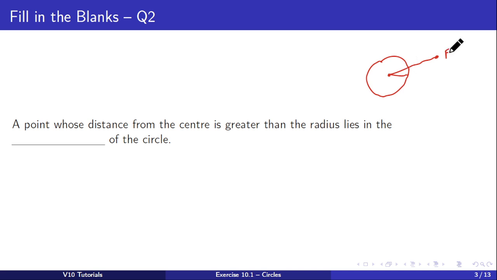So obviously that point P will have to be in the exterior of the circle. If you take any point which is in the interior, then its distance from the center is less than the radius, right? So this point will lie in the exterior of the circle. So answer for this would be exterior. I hope it is clear.